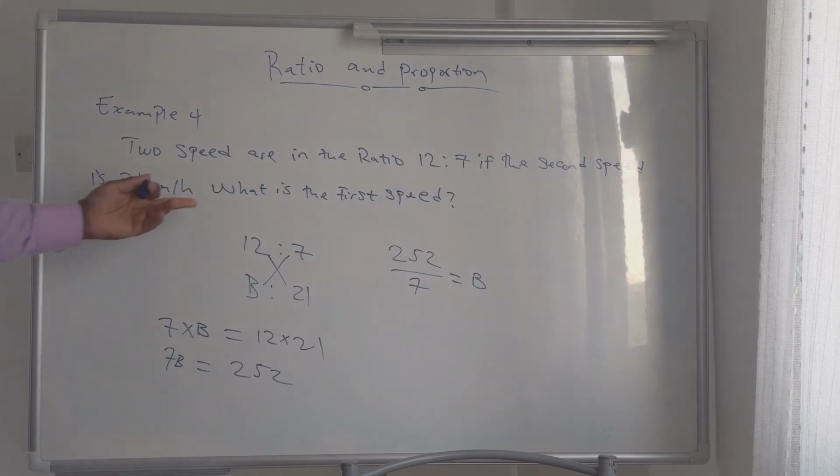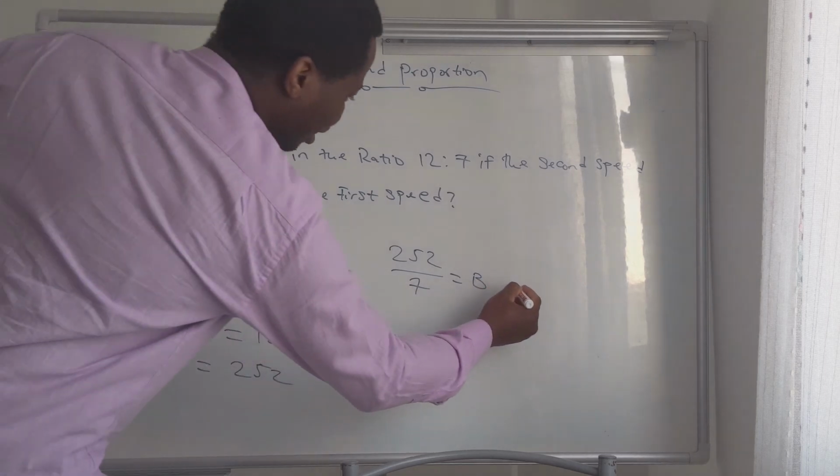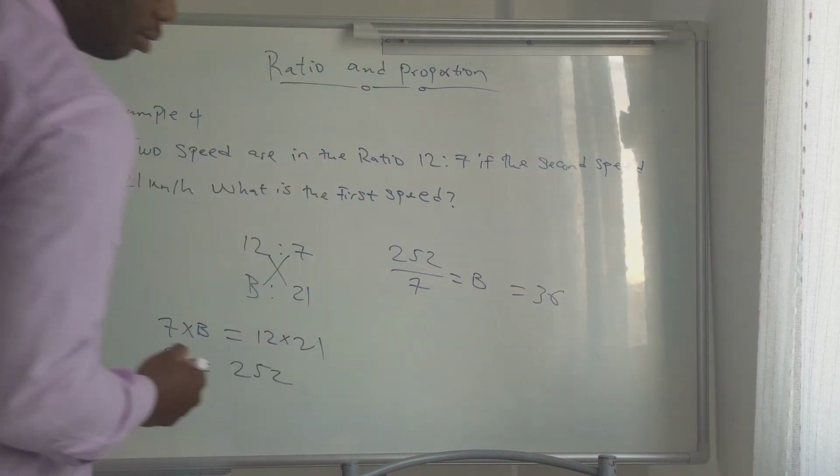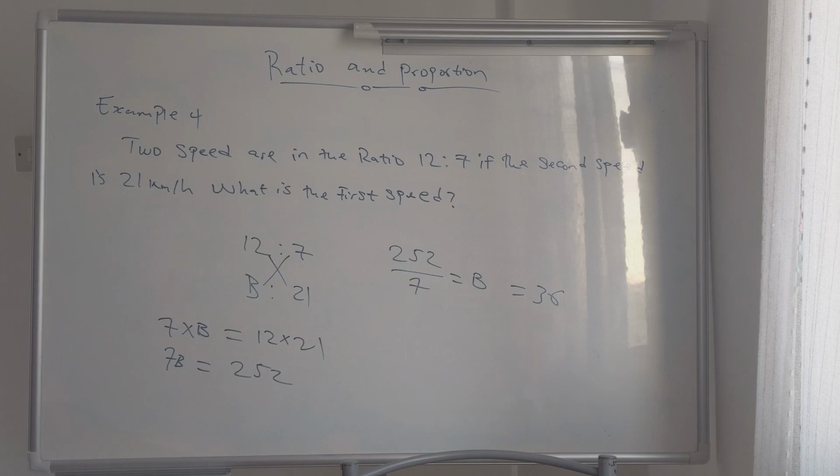That's the first speed, the unknown speed in this case. Once we divide it, we're going to get 36. So that's how to go about getting the speed.